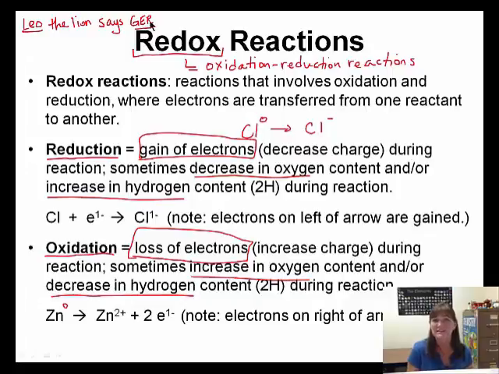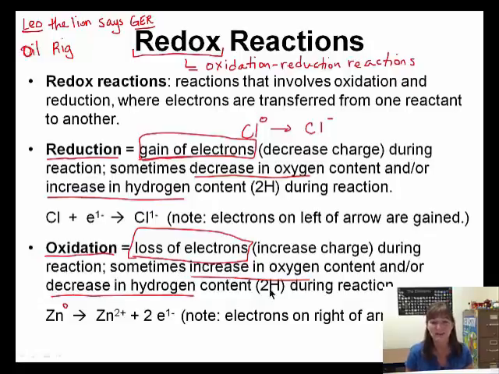Gaining electrons is reduction. So that sometimes helps students remember that. Or another acronym here is oil rig. Some students just like to memorize oil rig, which stands for oxidation is losing electrons and reduction is gaining electrons. So that helps you out with this first part, the gaining electrons or the losing electrons.